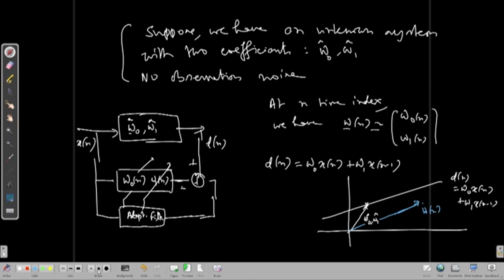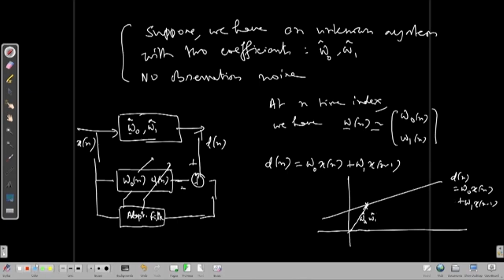Let me erase this because by mistake I made it parallel. So why should it be parallel? The original one, the true value. Okay.